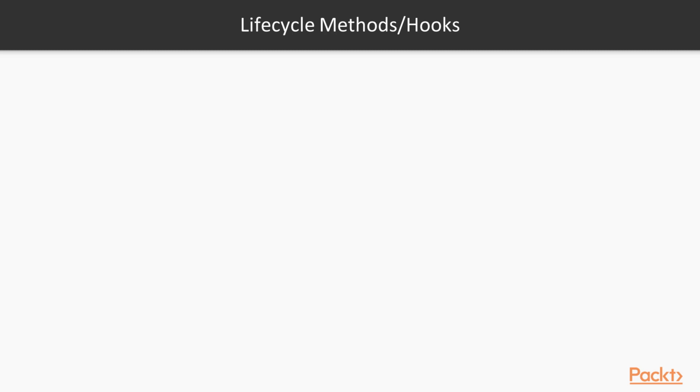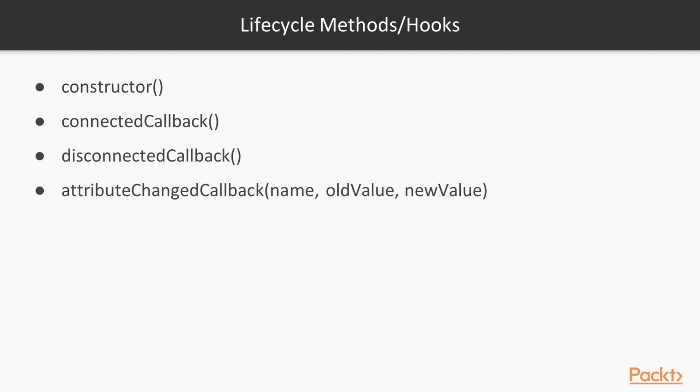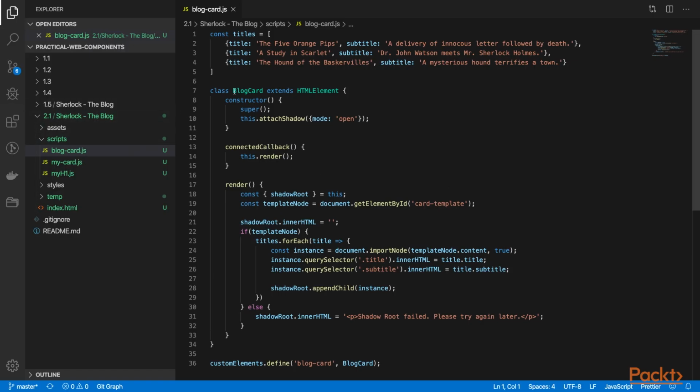Let's have a quick look at all the different lifecycle methods that a web component possesses. There's a constructor, connectedCallback, disconnectedCallback, attributeChangedCallback, and adoptedCallback. We will be looking at all 5 of these methods throughout this video and the next one. If you remember our code, we have already implemented the constructor and the connectedCallback method.